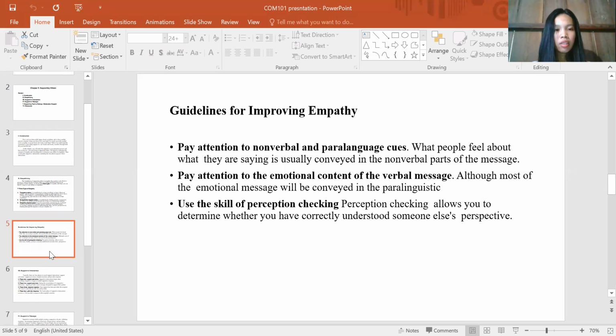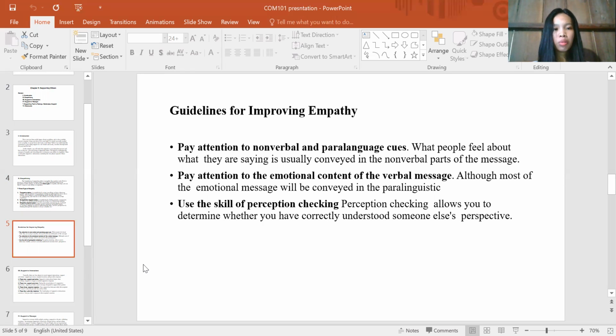Next, pay attention to the emotional content of the verbal message, although most of the emotional message will be conveyed in the paralanguage. And one more is use the skill of perception checking.